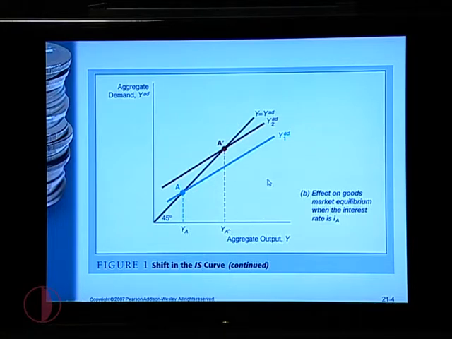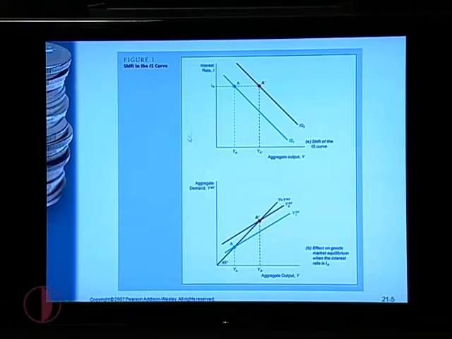Shift in the IS curve. Interest rate is plotted against aggregate output. At this level of interest rate at point A, the IS curve moves to the right, from IS1 to IS2, to A prime, and aggregate output increases from YA to YA prime.